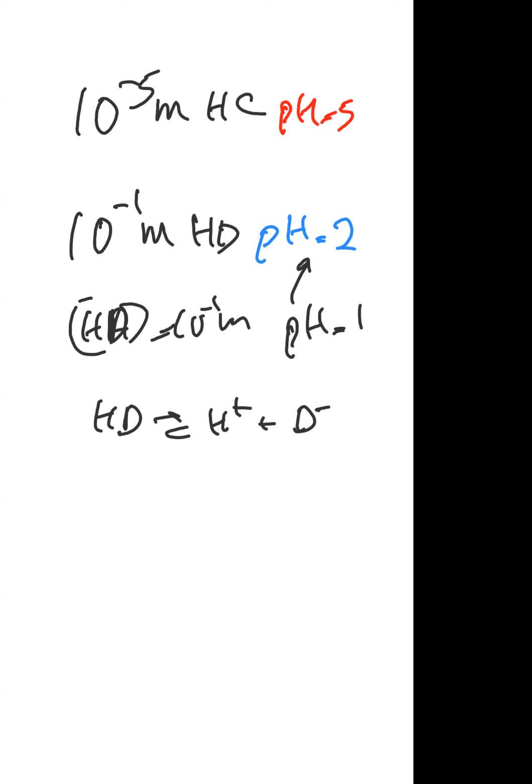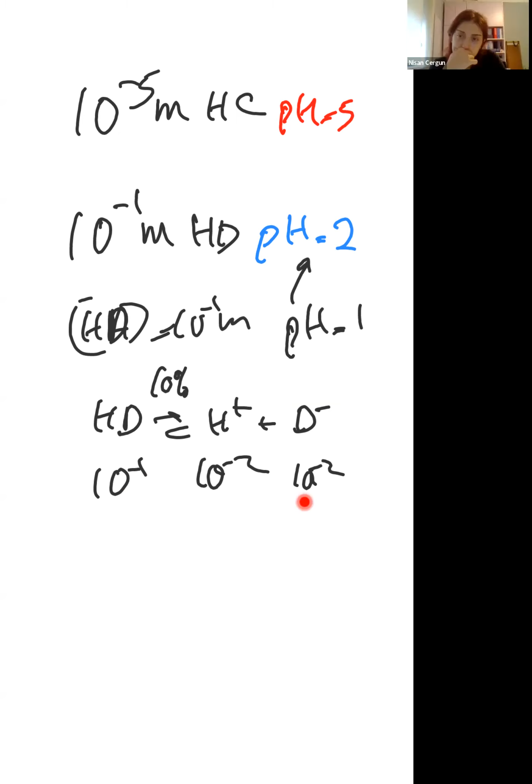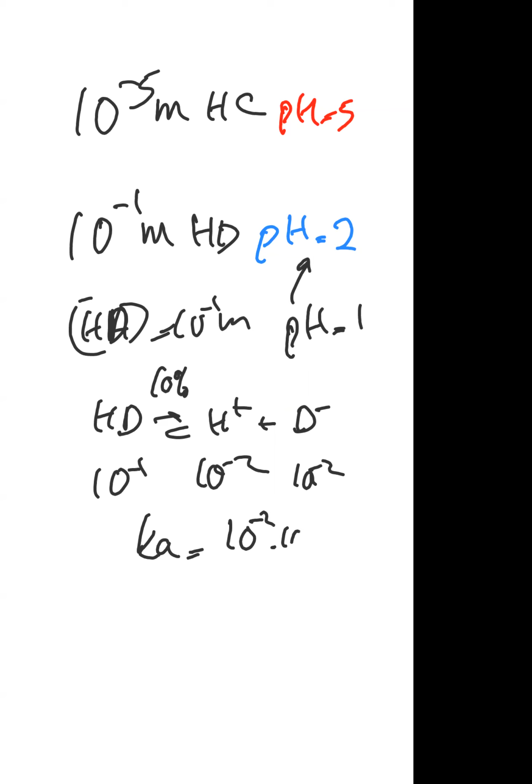We observed 10 to minus 1 and also 10 to minus 2 and 10 to minus 2. In that case, the ionization is 10%, and this calculation is not strictly valid, but I just want to show you. This acid has a Ka value of 10 to minus 2 times 10 to minus 2 over 10 to minus 1, which is 10 to minus 3. It's not so weak, but it's a weak acid.